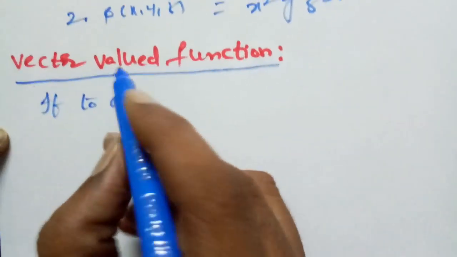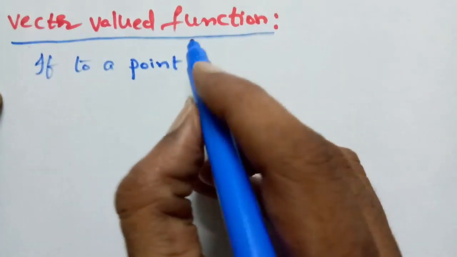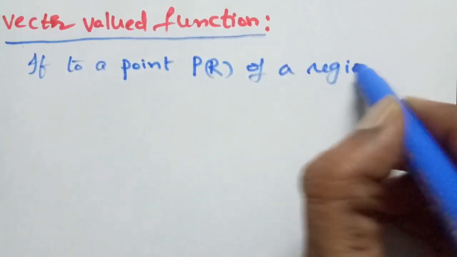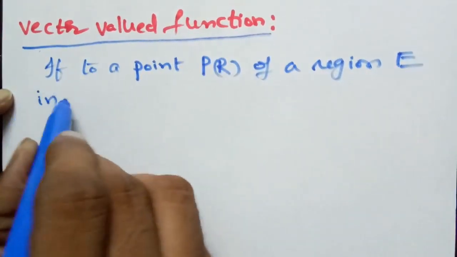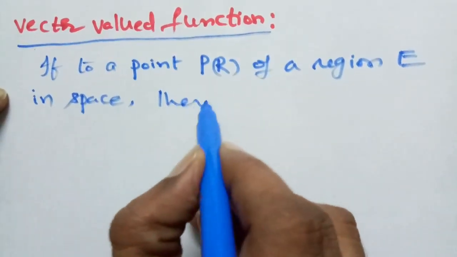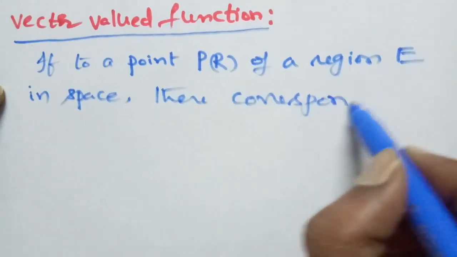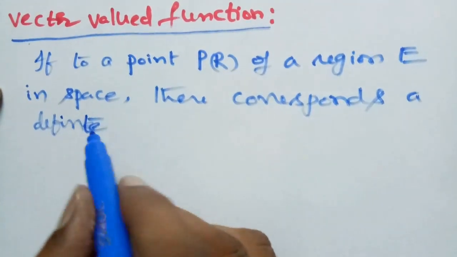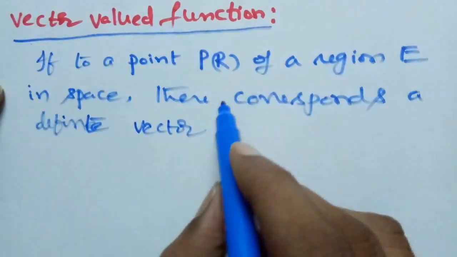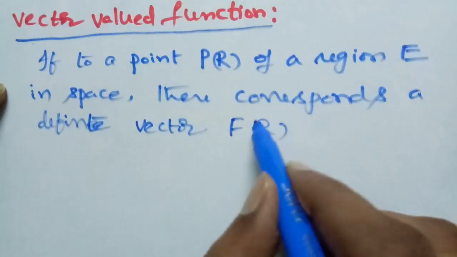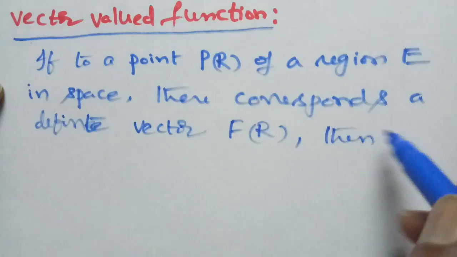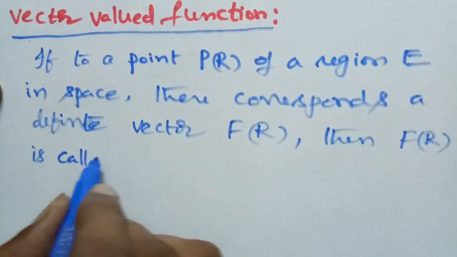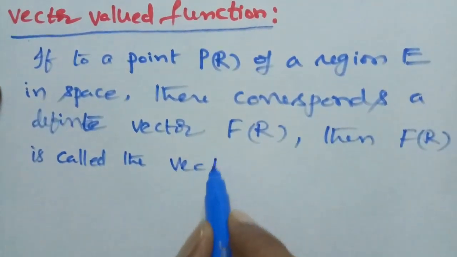If to a point P of r of a region capital E in space, there corresponds a definite vector, capital F of R, then F of R is called the vector valued function.